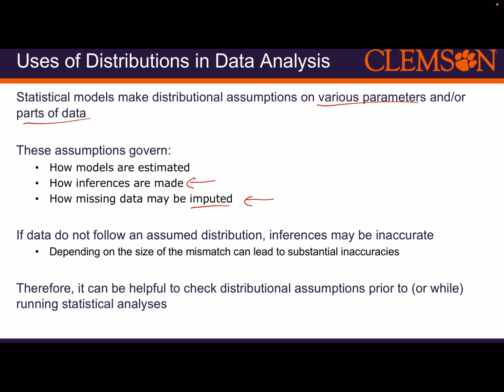And here's the thing, depending on the size of the mismatch, there could be substantial inaccuracies in your model if you don't match the data to the type of distribution you assume. Now, we're going to show that in just a little bit as well, too. So why I'm talking about this is because it may be helpful to check distributional assumptions prior to or during your statistical analyses. You need to make sure that the data match the model as you go forward.